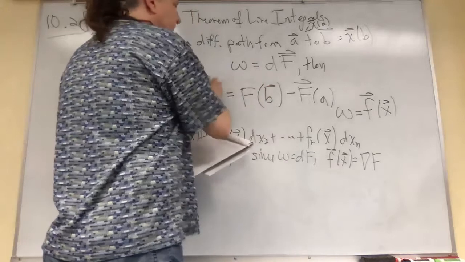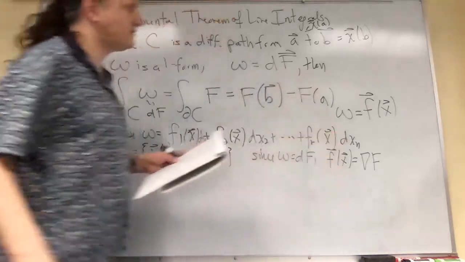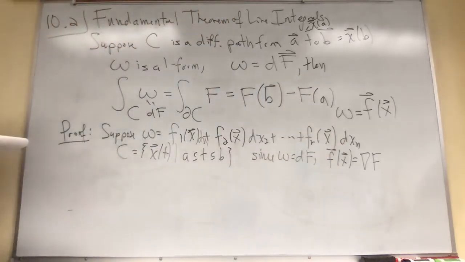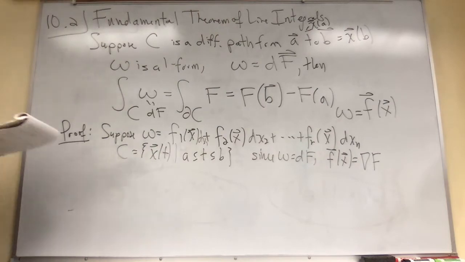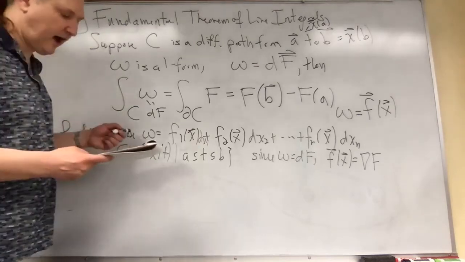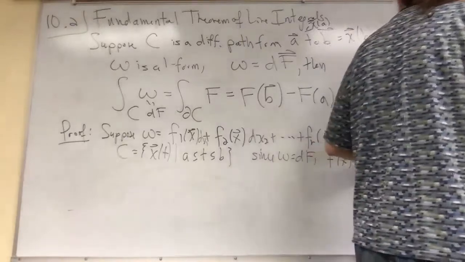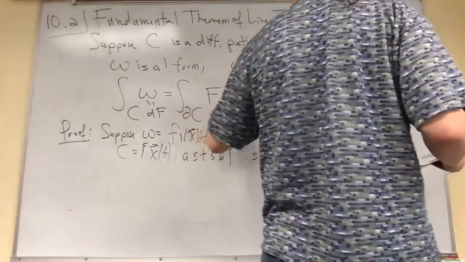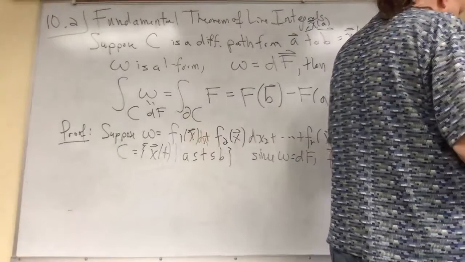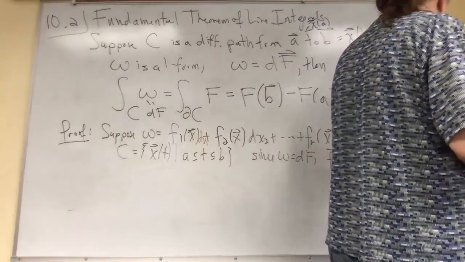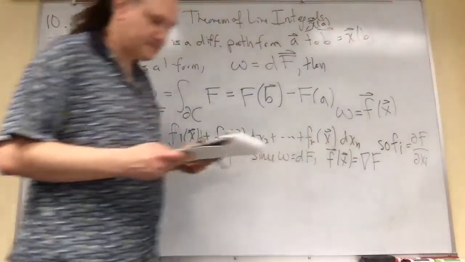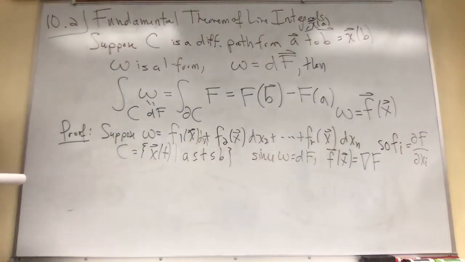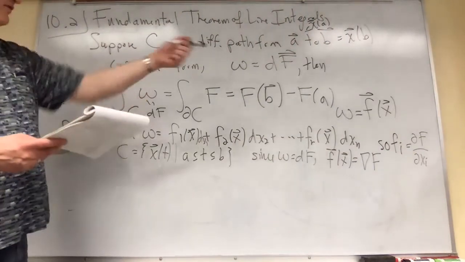I was wrong there. That's not a vector. That's just a function. It's a scalar function. All right. So we are given that each of these fi's, these functions here, are the partial derivative of f with respect to i. Okay.